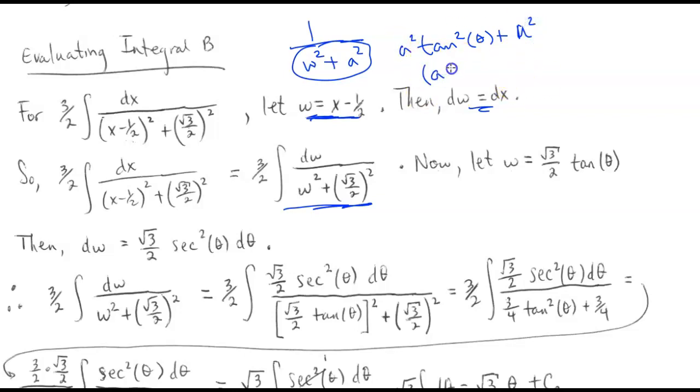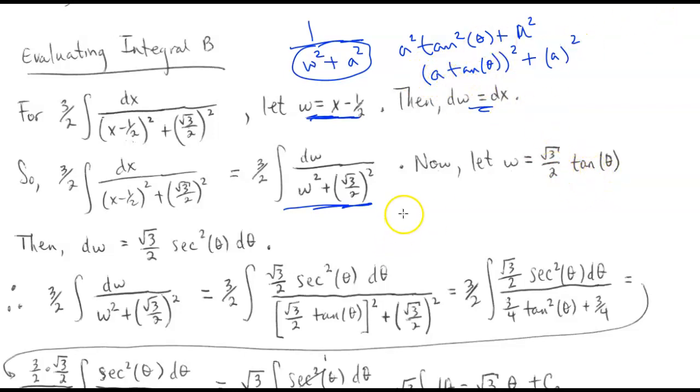And this would just be a times tangent theta squared plus a squared. Okay. And so that kind of fits that particular trig identity. So we would have to take the square root of 3 over 2 part here, let that be our a, and multiply it times tangent.